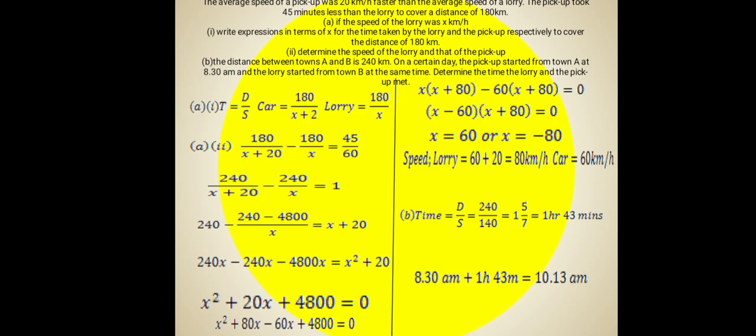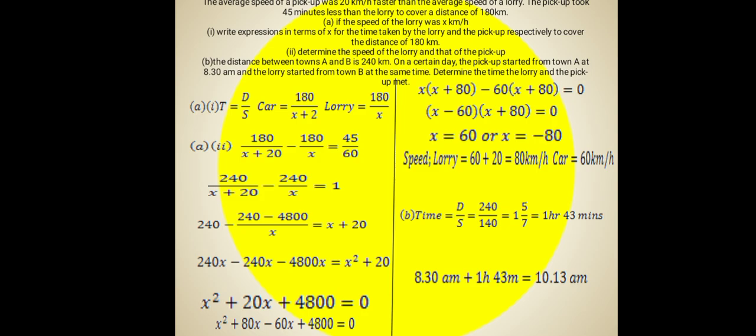Now when we solve that equation, we find that x is 60, which means the lorry takes a speed of 60 km per hour, and that of the car will be 60 plus 20.